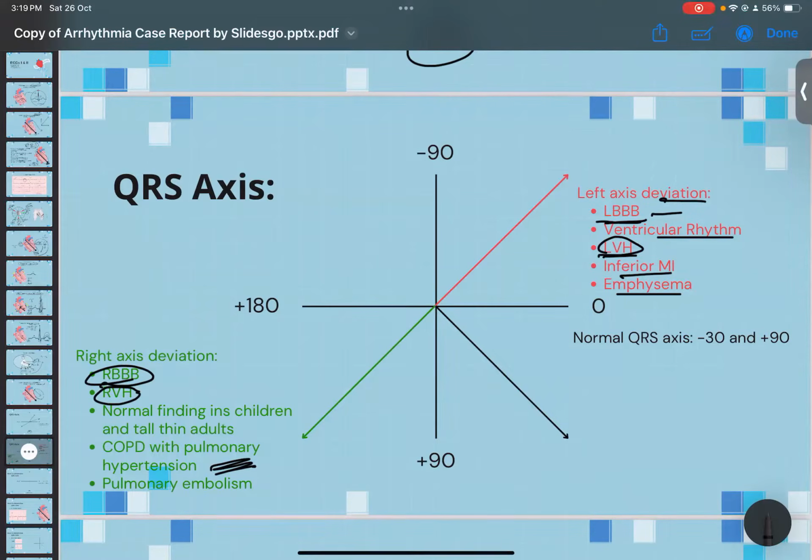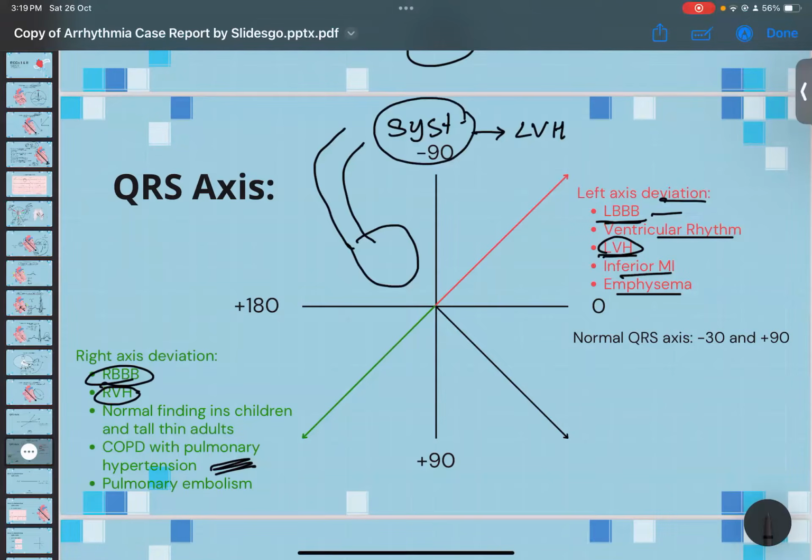Now, when it comes to hypertension, we know this is a ventricle, right? I'm just going to try depicting a ventricle, and the ventricle pumps out blood. We're going to talk about systemic hypertension for now, and we're going to see how systemic hypertension can cause left ventricular hypertrophy. When the patient has systemic hypertension, there's obviously resistance to blood flow. When there's resistance to blood flow, there's an increase in afterload.